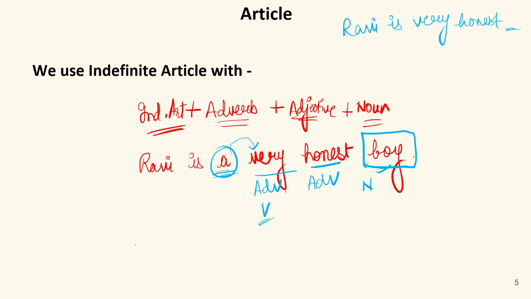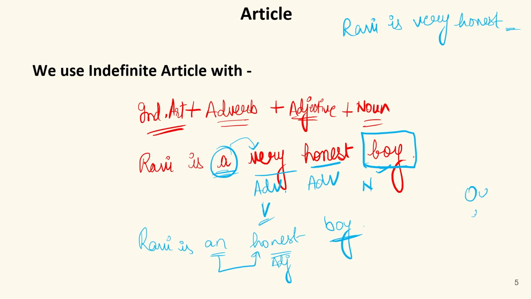Now, if I write this sentence like Ravi is an honest boy, then also the sentence is correct, because here we have a noun, boy, and we have an adjective, but we do not have any adverb. Also, this n depends on this honest. Now this honest sounds with o, not h.